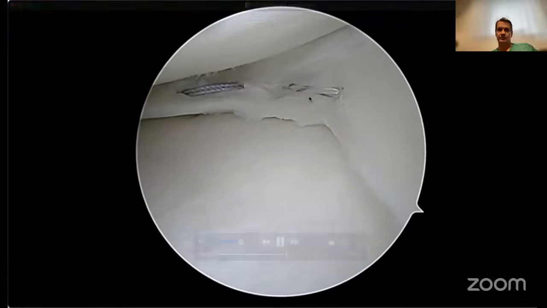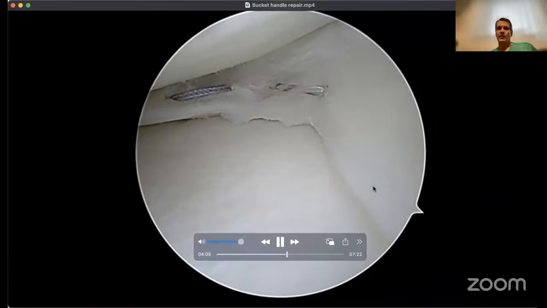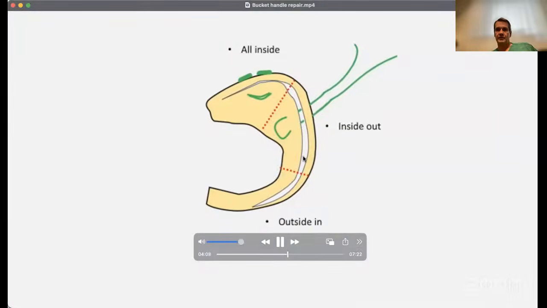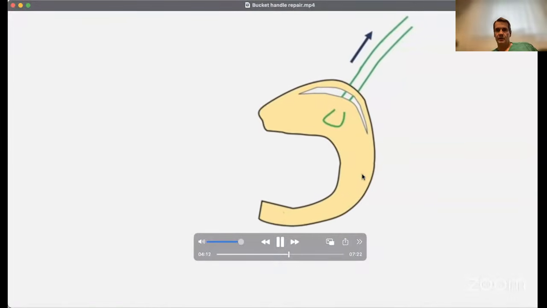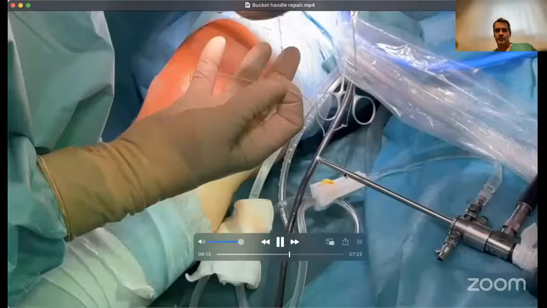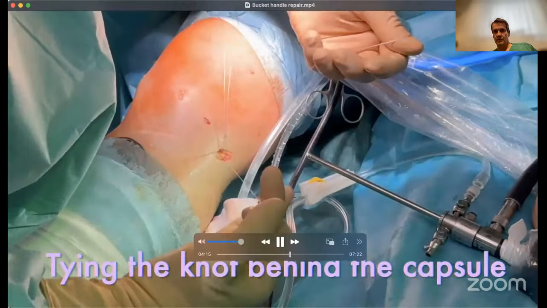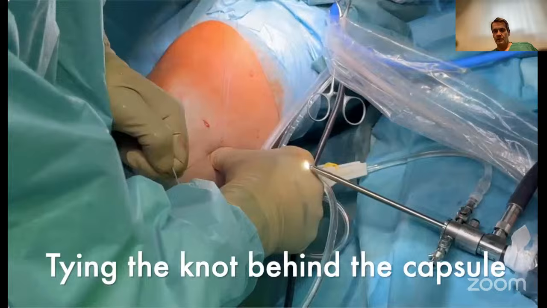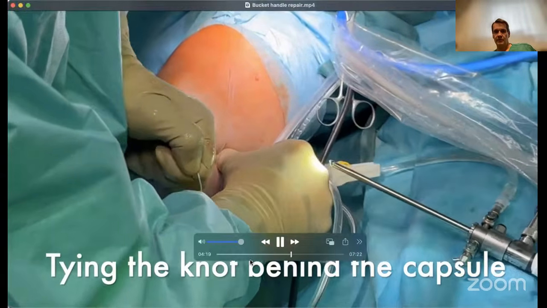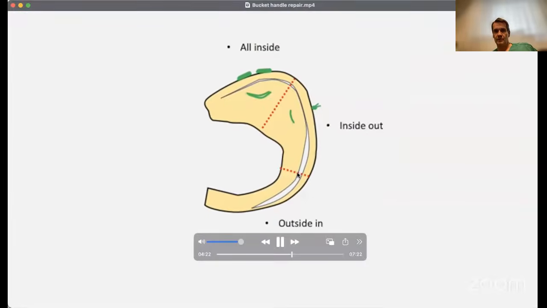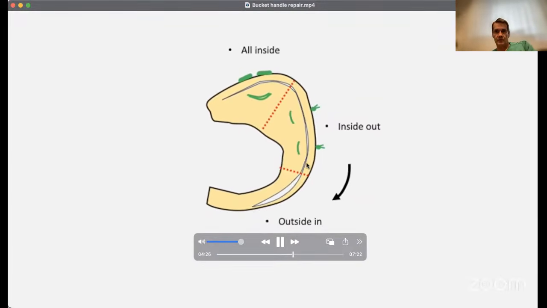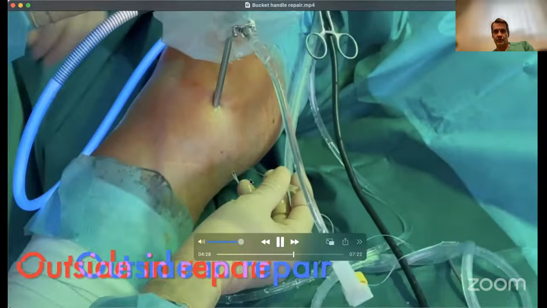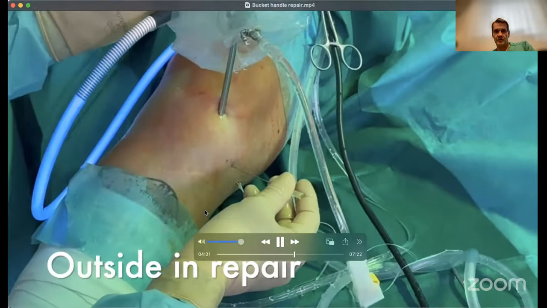And the third suture type is the outside-in technique, which was used here in the anterior part of the meniscus. Here you see how I close the inside-out suture, and then we continue with the outside-in suture for the anteromedial part.